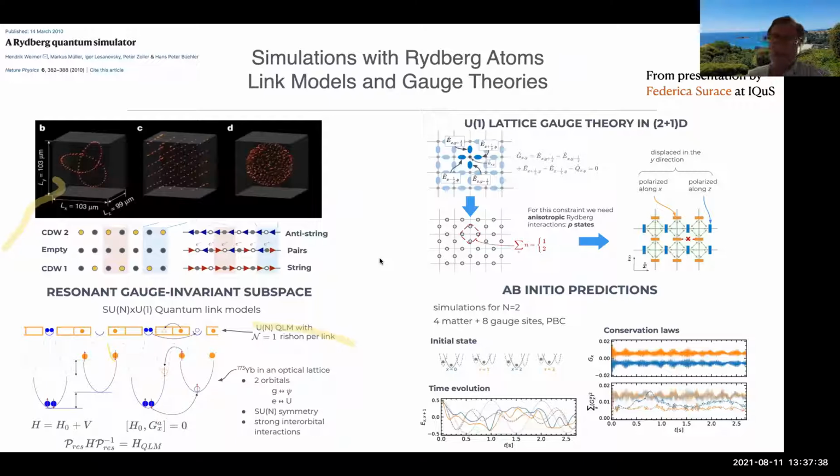There's been recent progress in also using and simulating Rydberg atom arrays for link models and gauge theories. This is a compilation of slides I took from a talk given by Federica Surace at the same IQSS meeting as before.